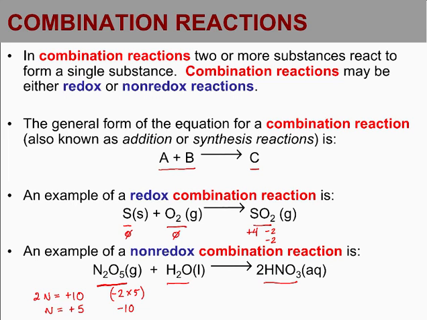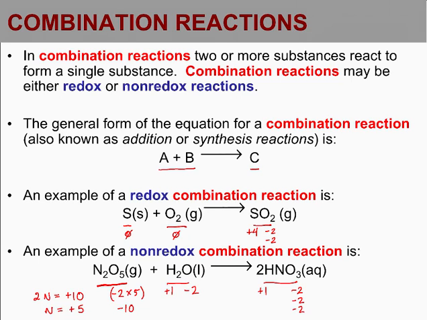And then in water, we saw before that hydrogen has a +1 oxidation number, and oxygen has a -2 oxidation number. And then in the product, HNO3, hydrogen still has a +1 oxidation number. Oxygen still has a -2 oxidation number, and there's 3 of them.